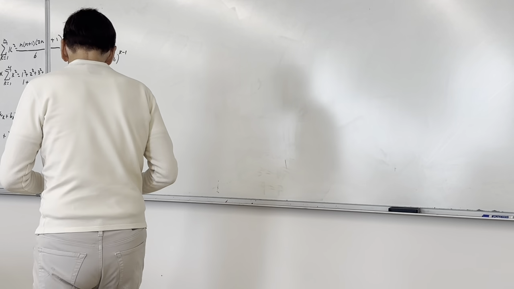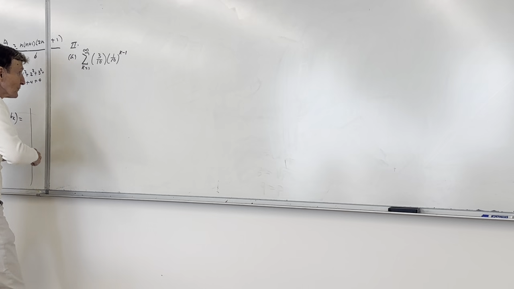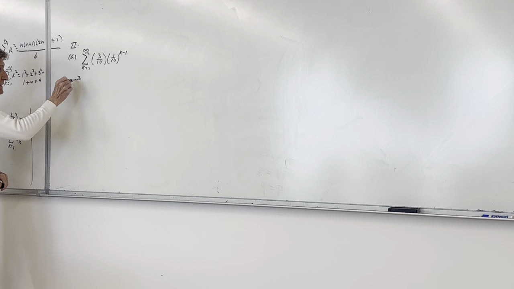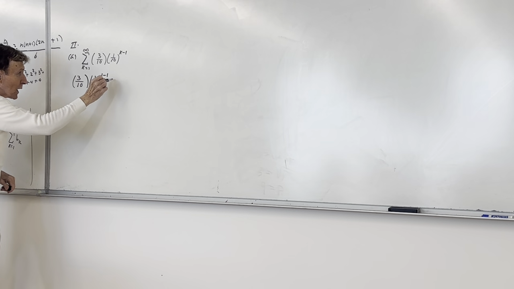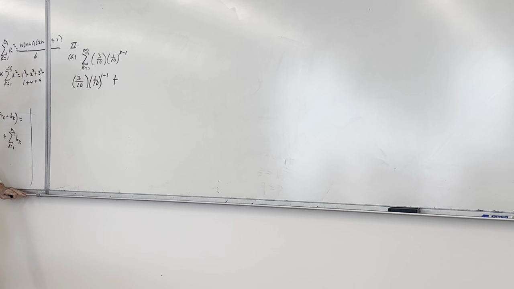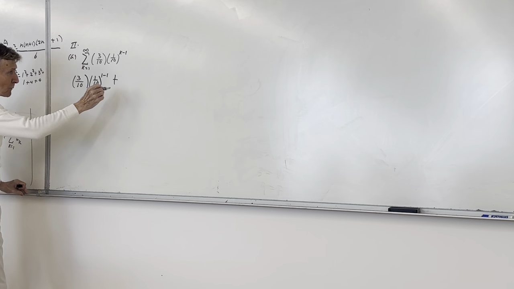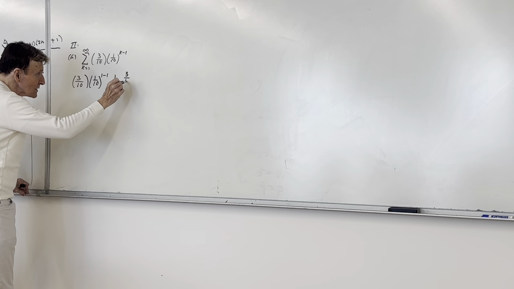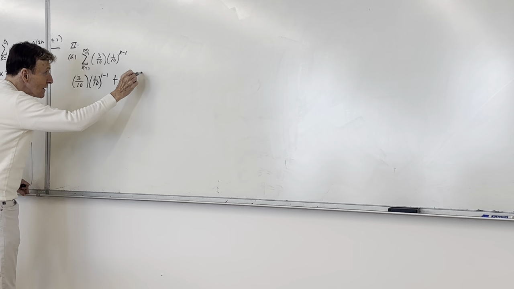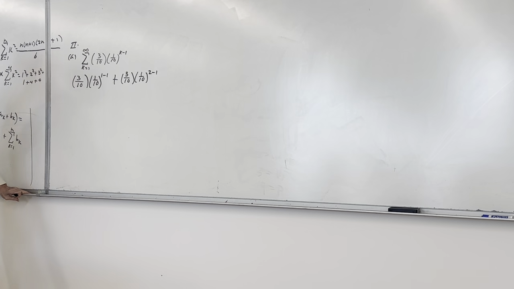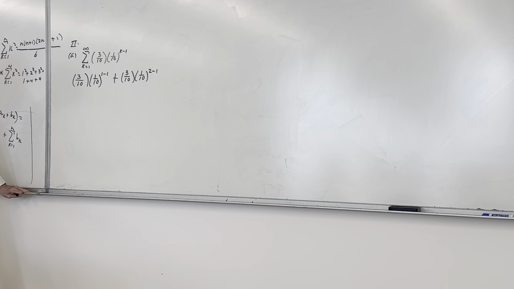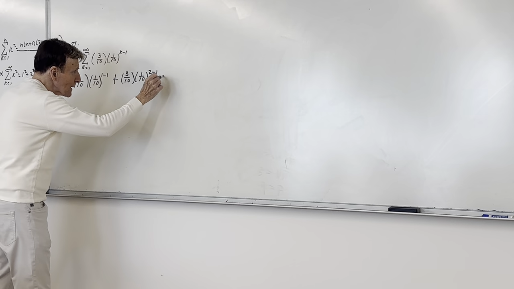Guys, it says start with 1. If I replace k by 1, my first term looks like this: 3/10 times 1/10 raised to 1 subtract 1. That's my first term. Let's write another one out. Replace k by 2. If I replace k by 2 in the expression, it looks like this. Is that true? We'll try one more. Let's replace k by 3.